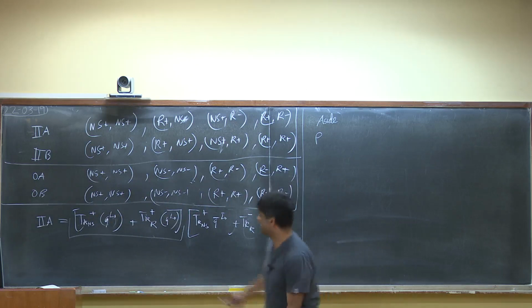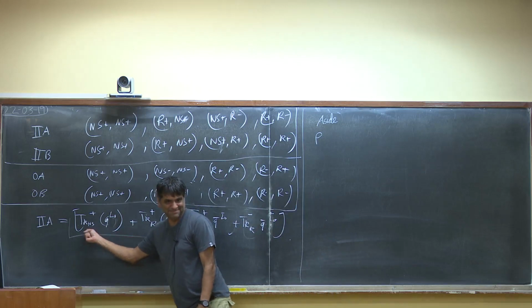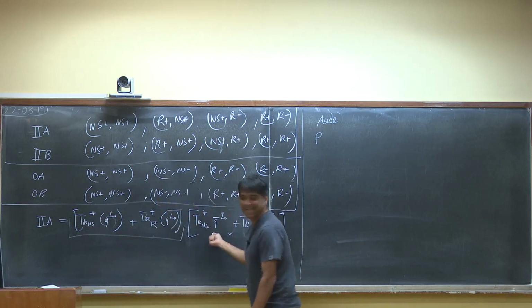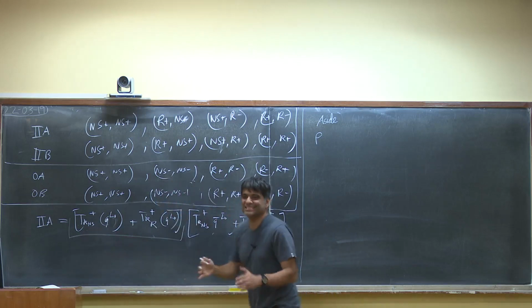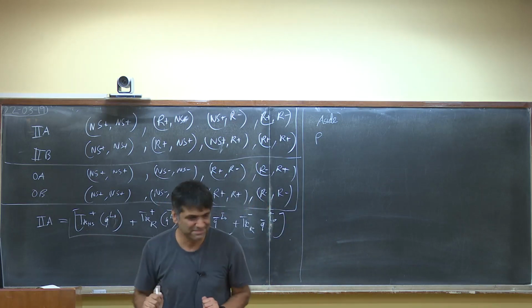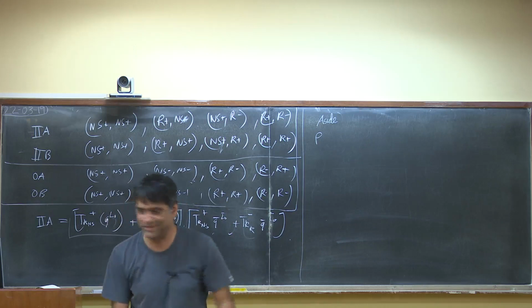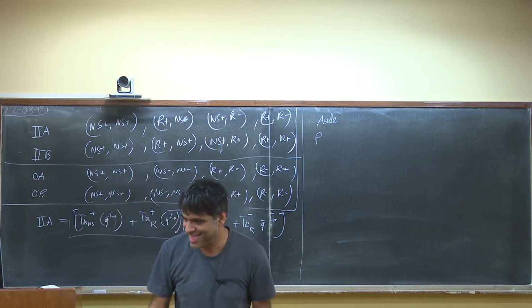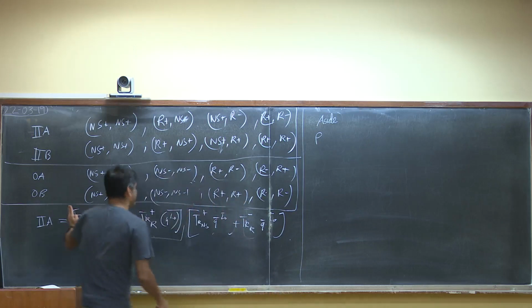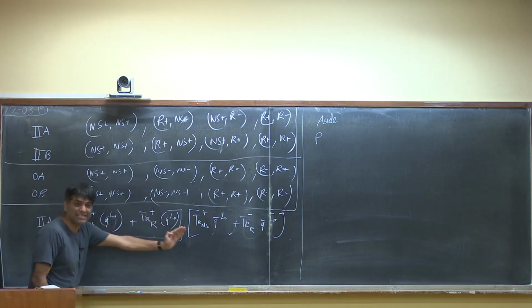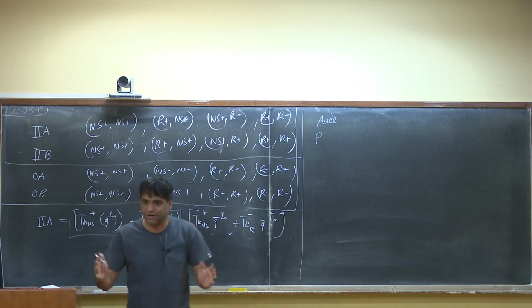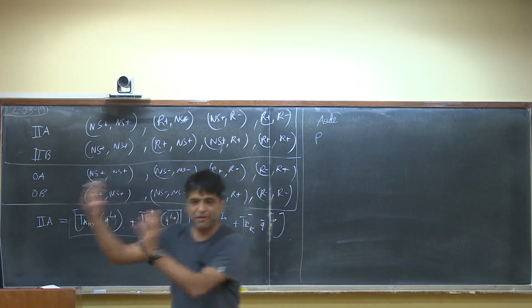So to say trace in the left moving sector and trace in the right moving sector is a slightly imprecise thing to do for bosons, because there's the zero mode which is neither in the left moving sector nor in the right moving sector. It's just there. Okay, so what I've really done here, this thing should be thought of as the fermionic part of the partition function. So the whole partition function has a bosonic part and a fermionic part.